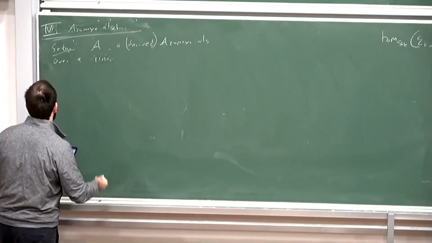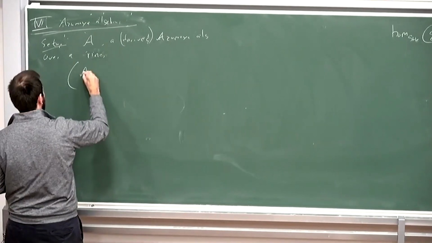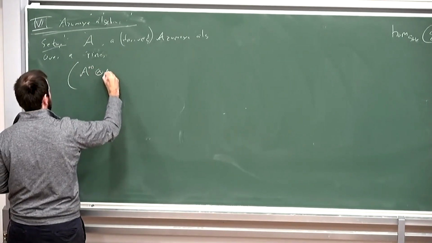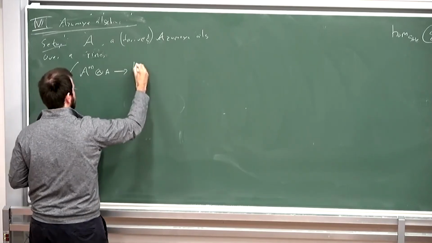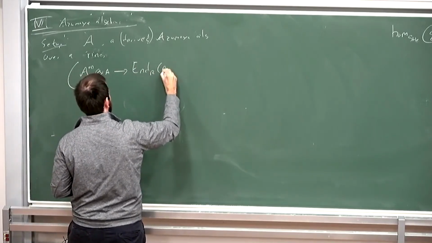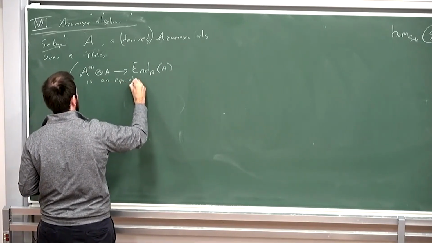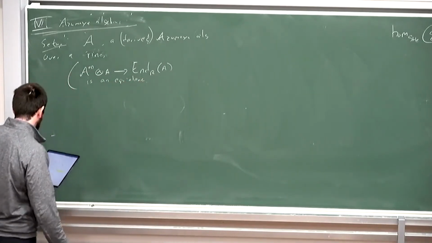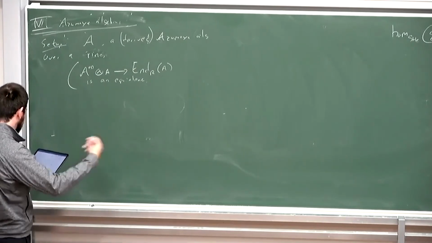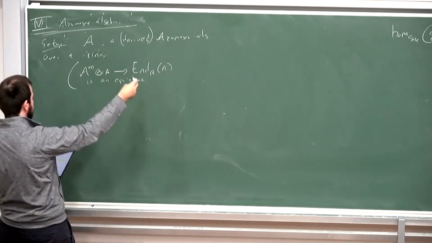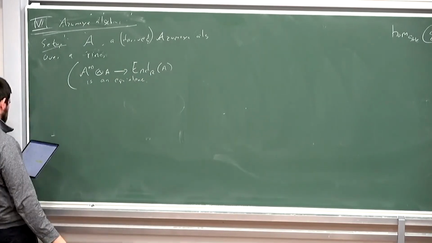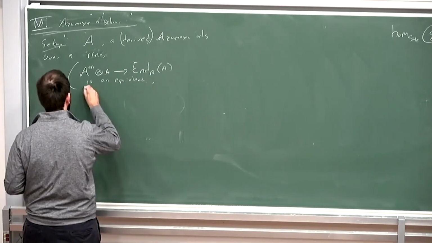In particular, this means that this canonical map is an equivalence. So it's an algebra object in mod R such that this map is an equivalence, and it's a compact generator as well.